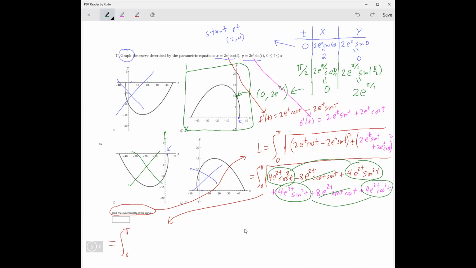Cosine squared plus sine squared is 1, right? So I'm using that. So this and this together is 4 e to the 2t. This is another 4 e to the 2t. And so in the end, I'm just going to have 8 e to the 2t. And that's it.